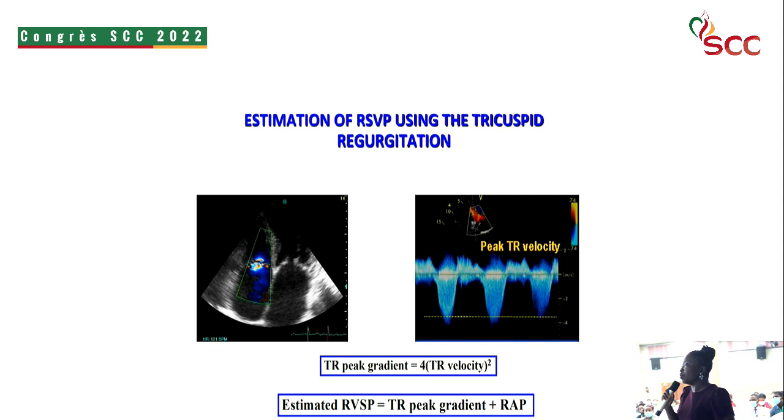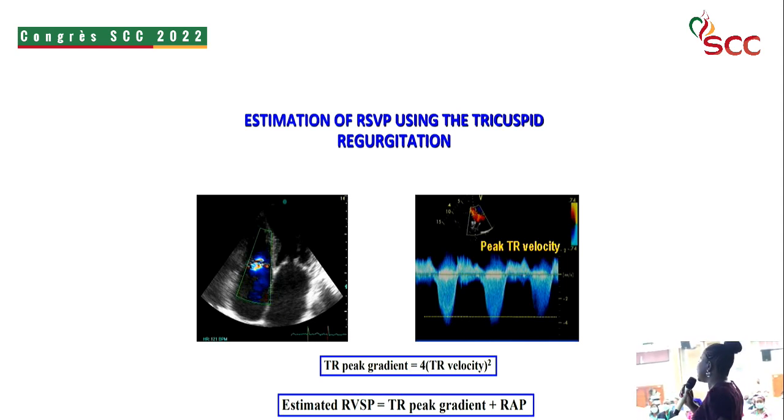This is an example of tricuspid regurgitation with continuous wave Doppler. We can measure the peak of the TR velocity and use the Bernoulli equation to derive pulmonary pressure together with the right atrial pressure. Remember that when you are doing this, from that picture, make sure, as I say, to measure the chin and not the beard, so make sure you don't overestimate.